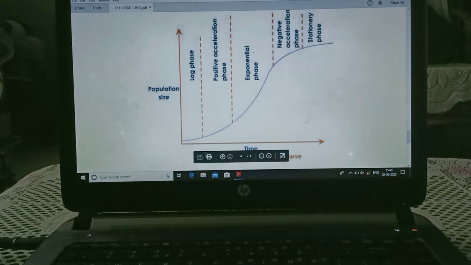Positive acceleration phase, still slowly it is increasing. Exponential phase. This is the phase when maximum growth is there in a population. Now it is decreasing, which comes under negative acceleration phase, and finally stationary phase where natality and mortality rate is almost equal.